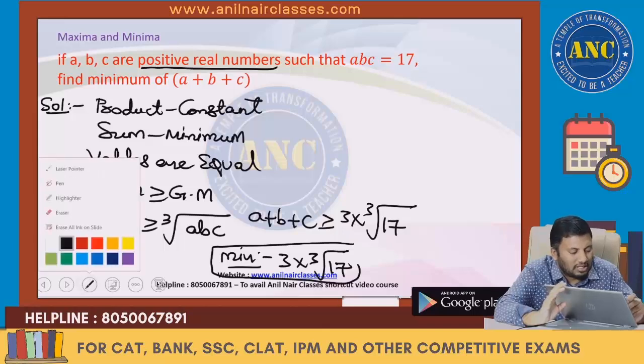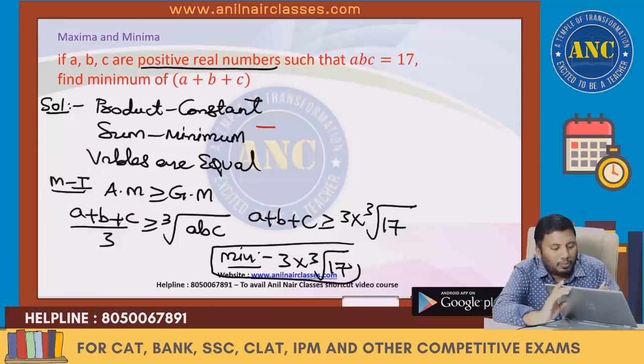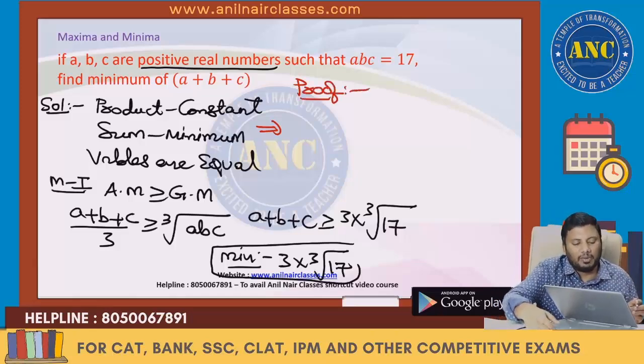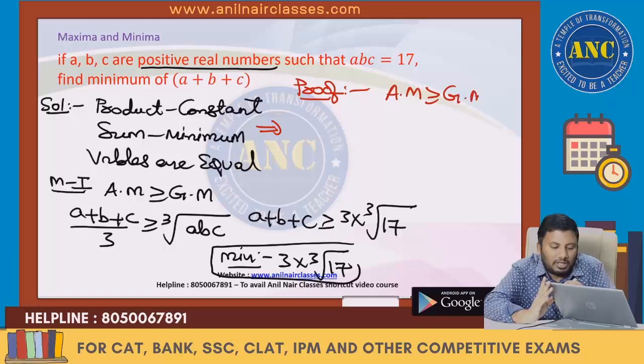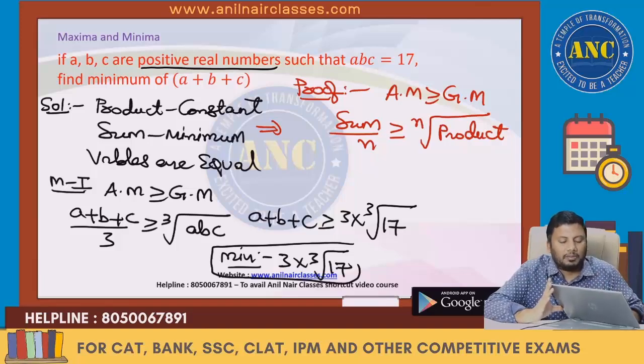Now please listen carefully, sir. Proof for this: if the product is constant, the sum will be minimum and the variables are equal. AM greater than or equal to GM. AM is nothing but the sum divided by n, greater than or equal to the nth root of the product. Am I right?